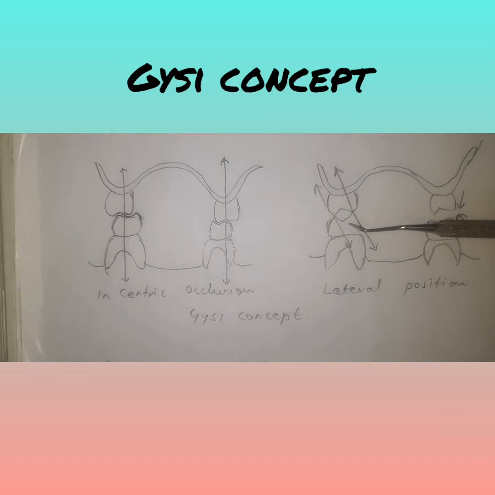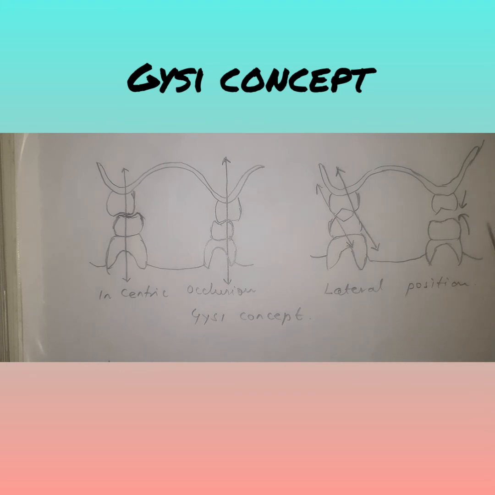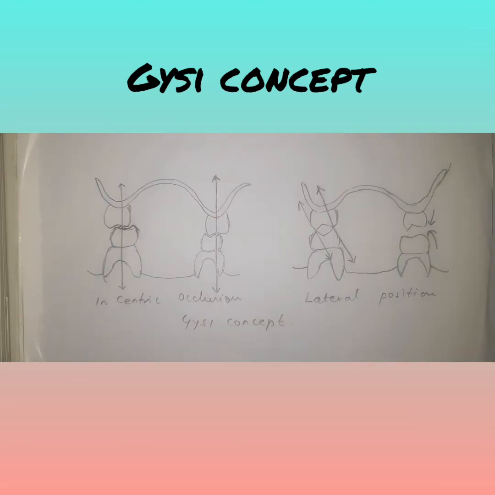So when the patient is moving the jaw, that is in the right lateral or left lateral position, the contact forces are directed away from the ridges, as you can appreciate here.